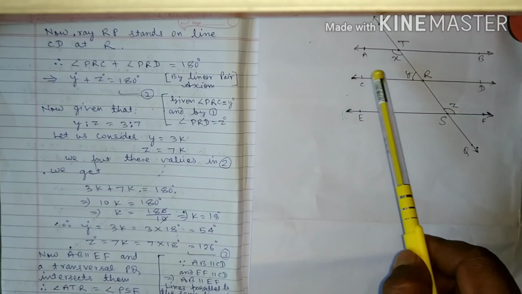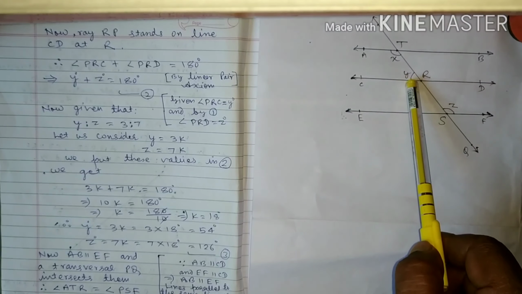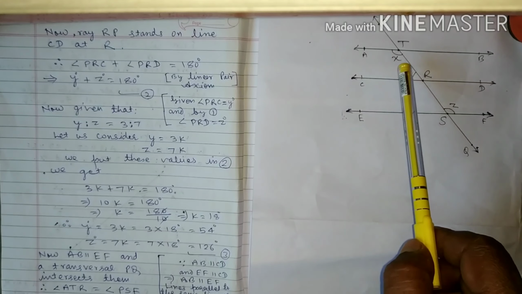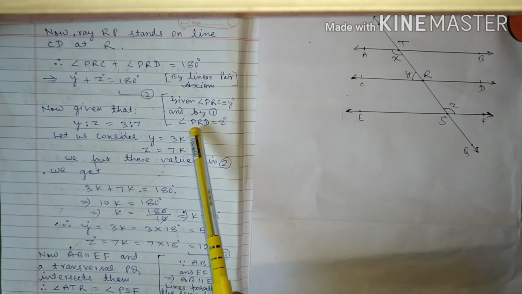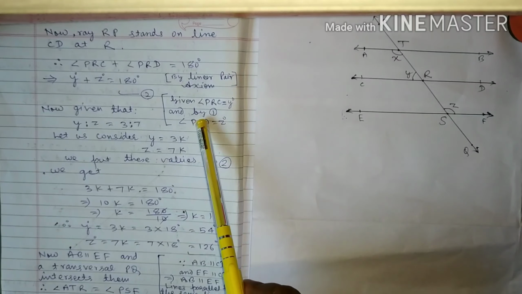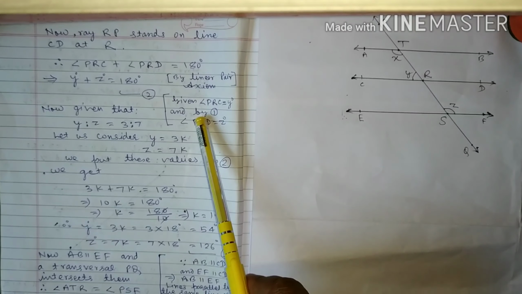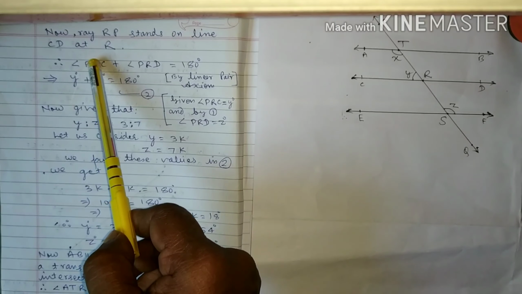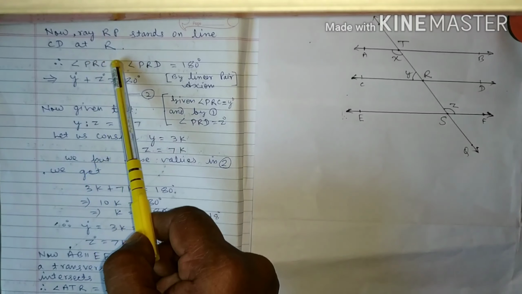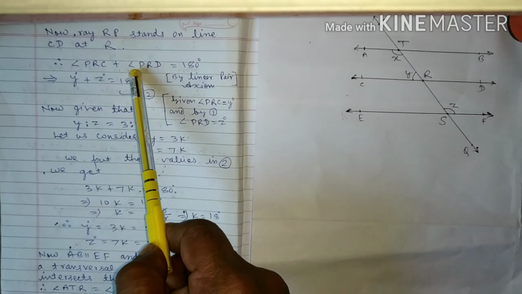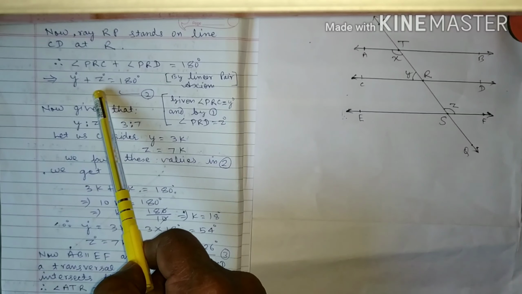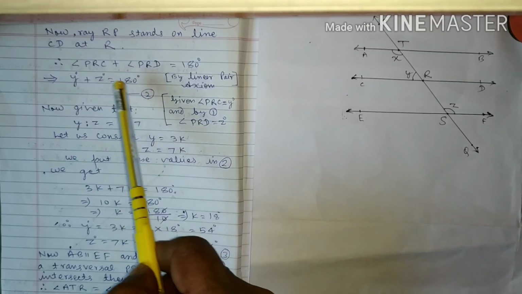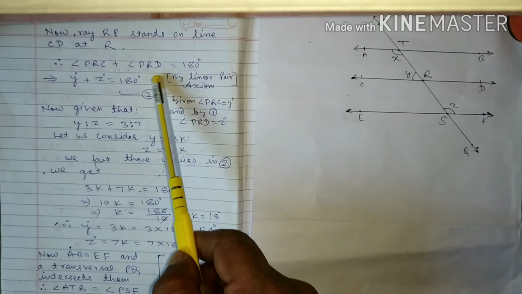Angle PRC equals y degrees. Angle PRD is equal to z degrees by equation 1. Therefore, we write PRC equals y, plus PRD equals z degrees, and the sum of these two equals 180 degrees. We consider this equation 2.